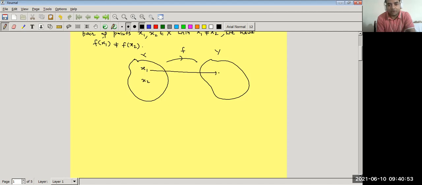Then corresponding to x1, we get f of x1, and corresponding to x2, we get f of x2. If x1 is not equal to x2, then f of x1 is not equal to f of x2. If this happens, then the function is said to be one-one function. Or we can say distinct element of domain has distinct image in codomain.